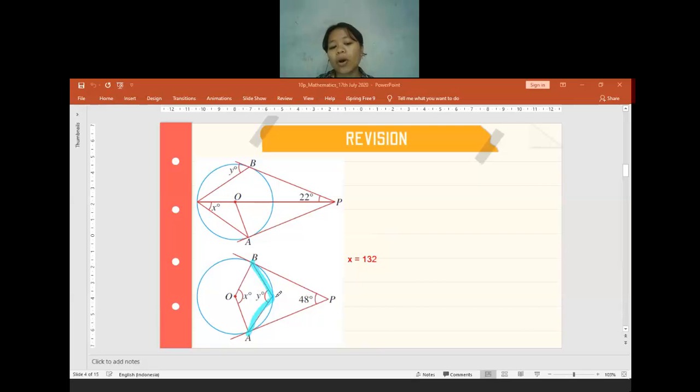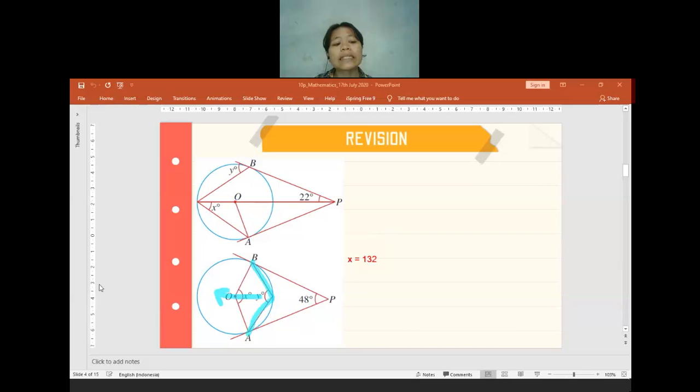The major AB or minor AB? Major. Okay, it is facing the major AB.